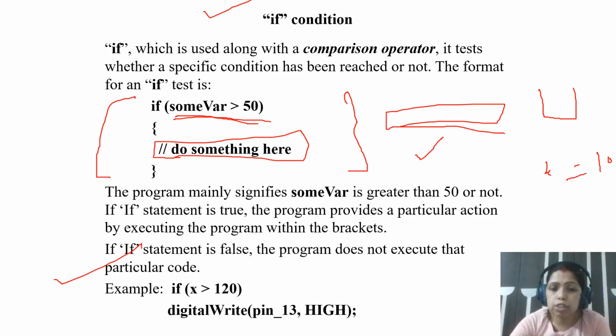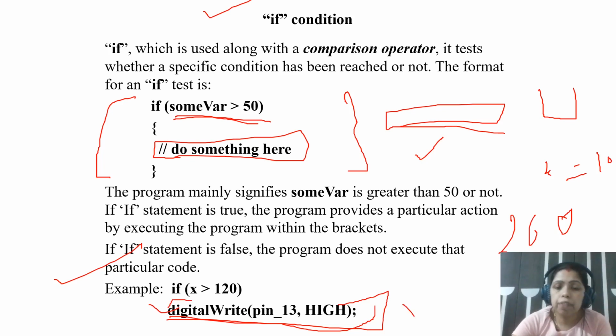If my x value is greater than 120, then this set of instructions will be executed, otherwise it will not execute. So suppose my x is 10, then it does not execute. Suppose my x is 200, then 200 is greater than 120, so the digitalWrite command will be executed. This digitalWrite I will explain in the next slide. What is the significance of this thing?